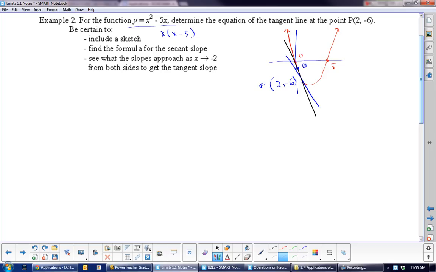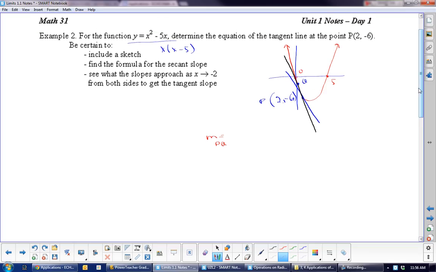Okay, now, let's just do it like we did it before. Let's use our slope formula. M equals... So we're going to find M of PQ. Now, we know, let's call this X1 and Y1. What is point Q?